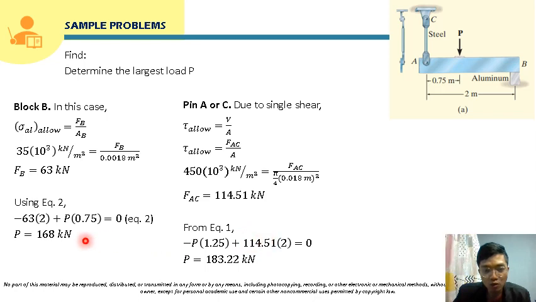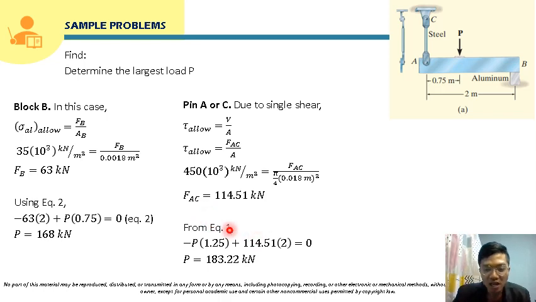If we use 168, let's say here, since the value of P here is less than this value, what will happen to this FAC? It will also be less, it will be lessened.